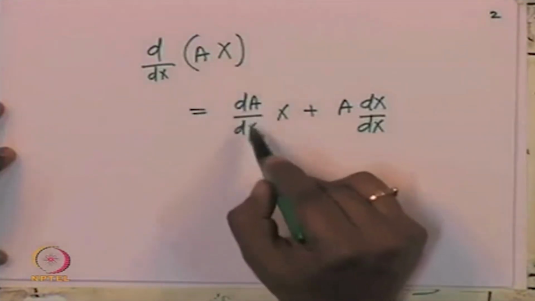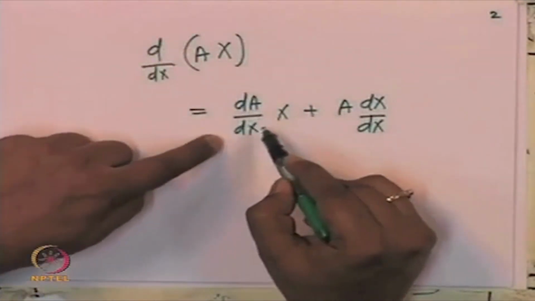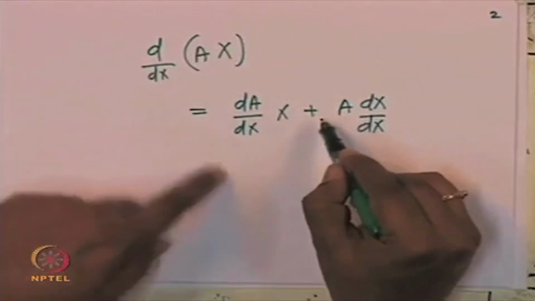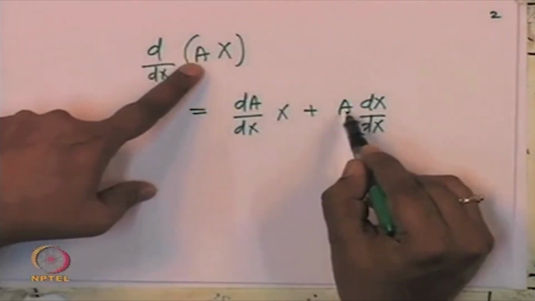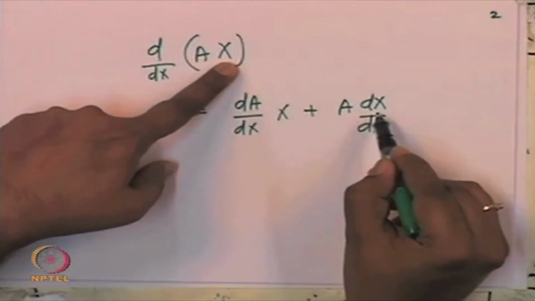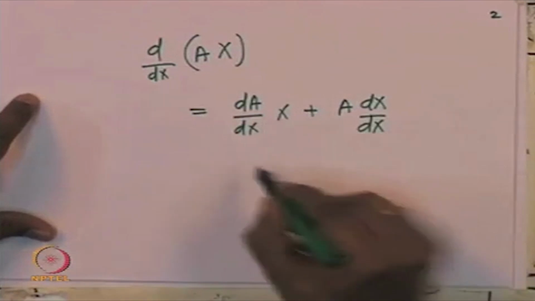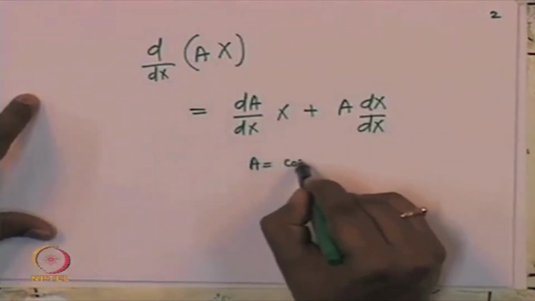Take the derivative of the first one multiplied by the second, x, plus keep the first one constant and find the derivative of the second, which is dx by dx. Now, a is a constant.